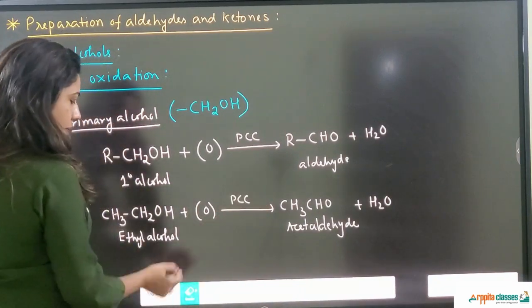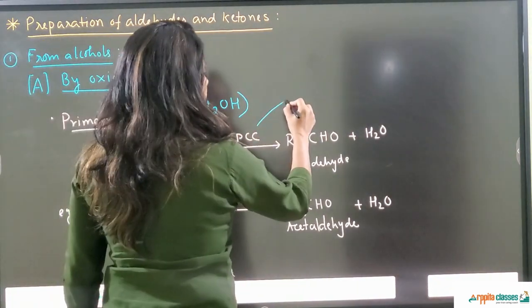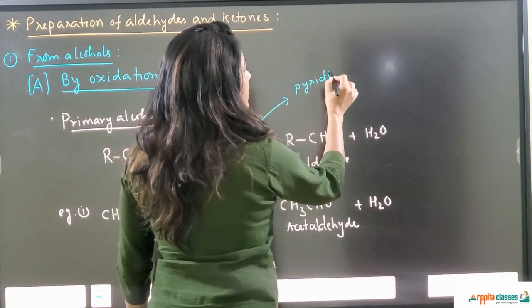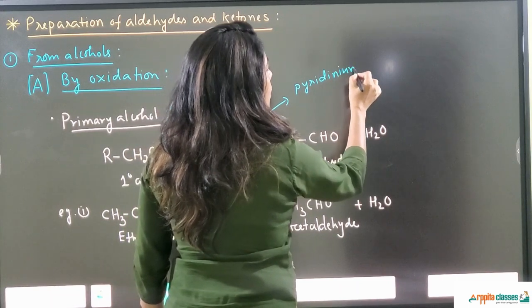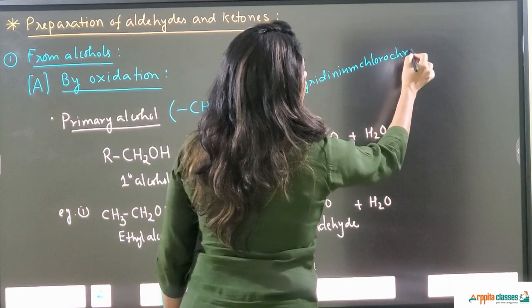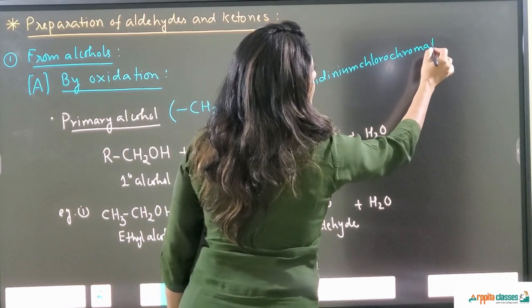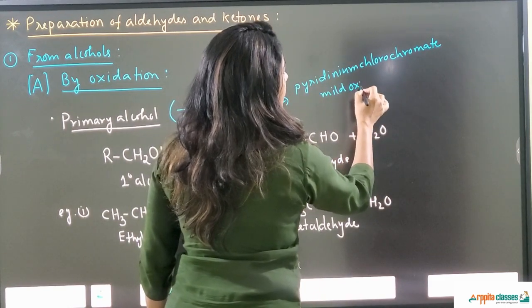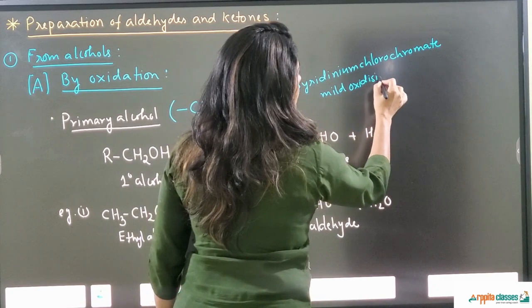oxidize it with PCC. The full form of PCC is pyridinium chlorochromate, which is a mild oxidizing agent.